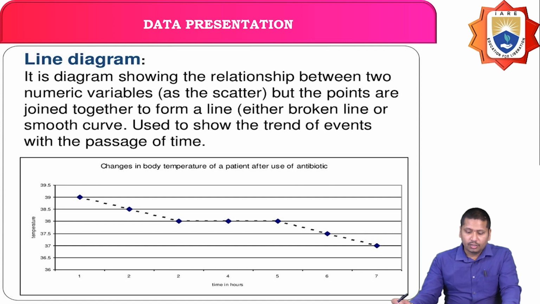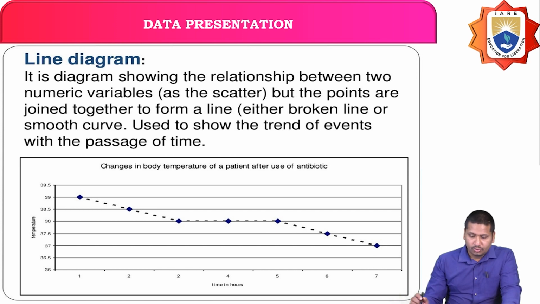Another thing I'm going to present is the relationship between two numeric variables. If all the points are joined by a line, a smooth curve or a broken line, that is called a line diagram. Once you identify the values in the diagram, if the points are joined by a line, that is an example of a line diagram.